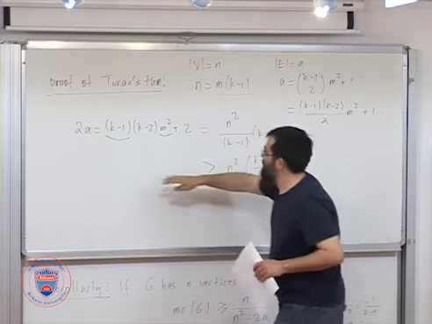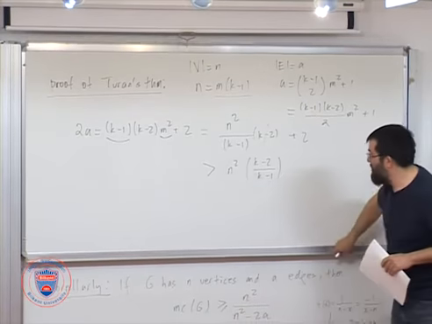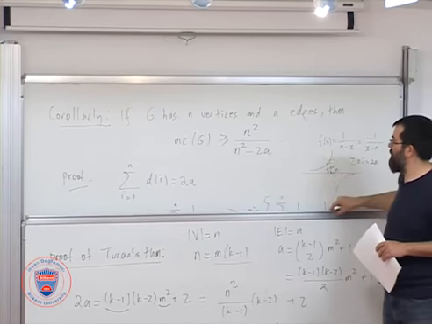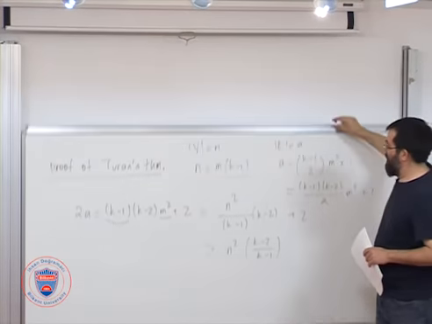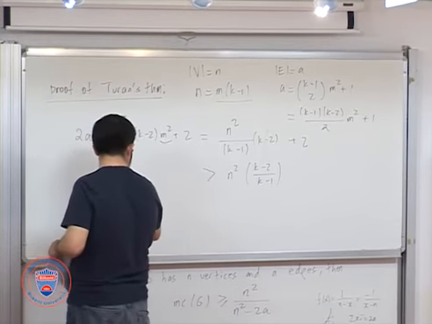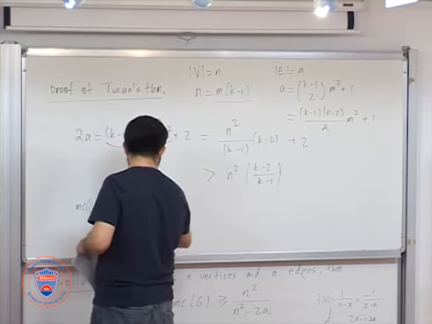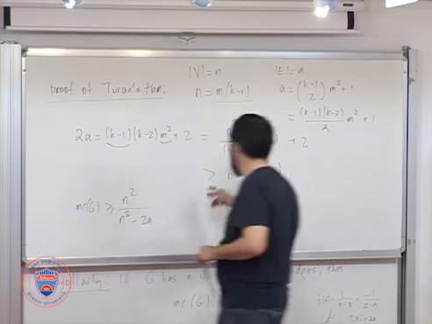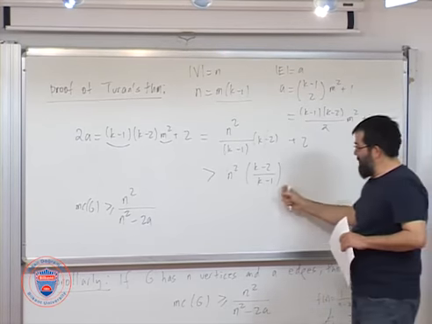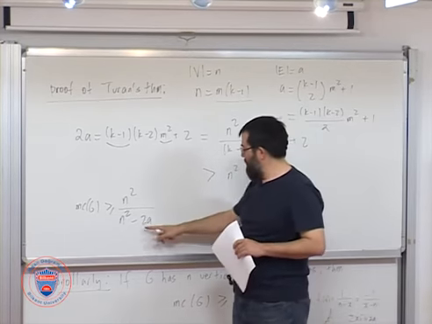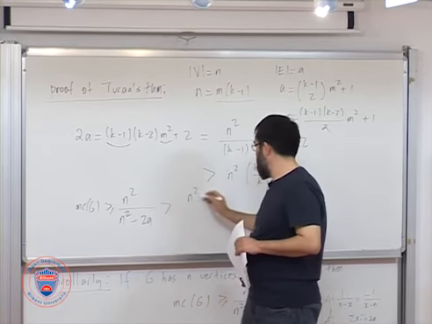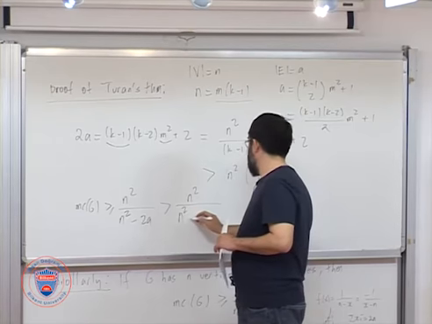The reason I'm trying to estimate 2a is this previous formula. This previous formula had an estimation in terms of 2a. So I'm going to write now that the maximum clique size is bigger or equal to n squared over n squared minus 2a, and I already have an estimation for 2a. If 2a is bigger than this, minus of this is smaller than this, but 1 over will be bigger. So bigger than that one is replaced by this number.